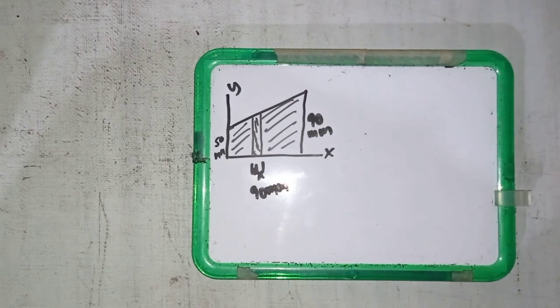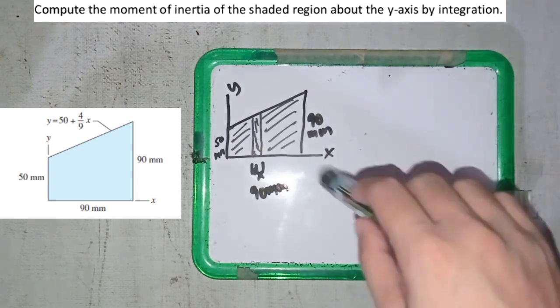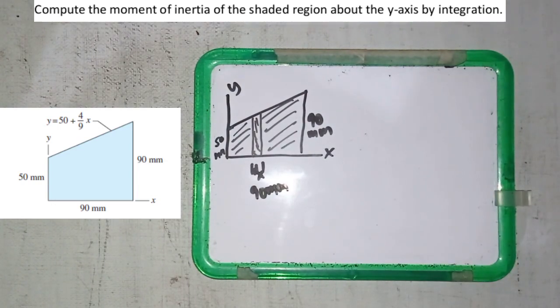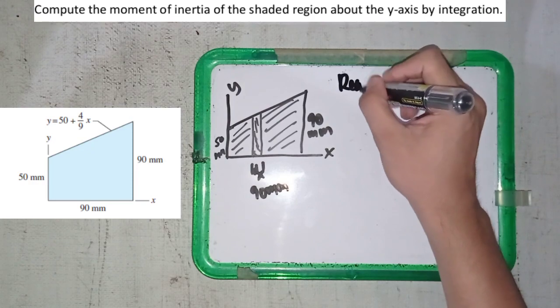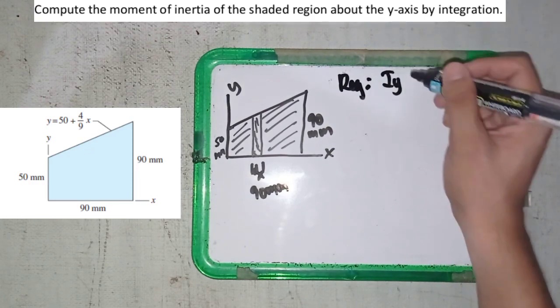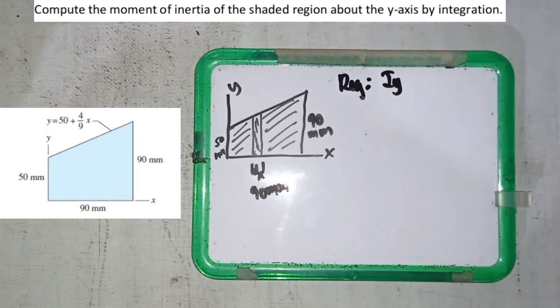So now here's our last problem. We need to compute the moment of inertia of the shaded region about the y-axis by the process of integration. Flashing on your screen is the figure of the given problem, and we are required to find the moment of inertia about the y-axis.